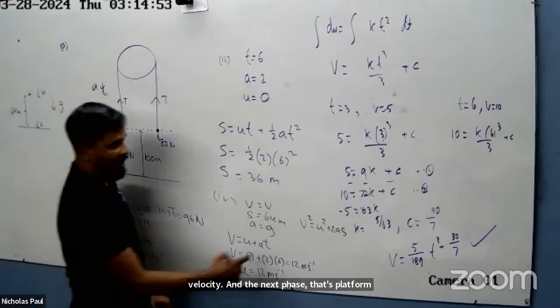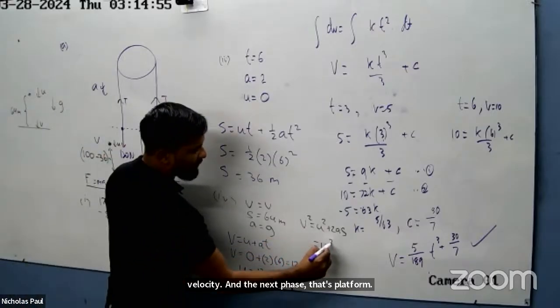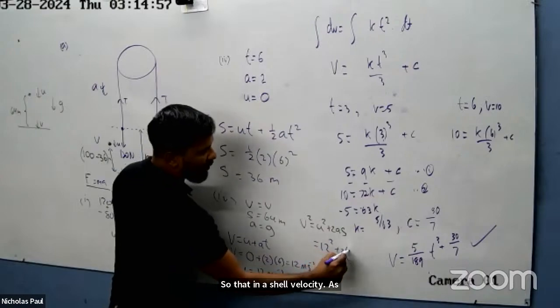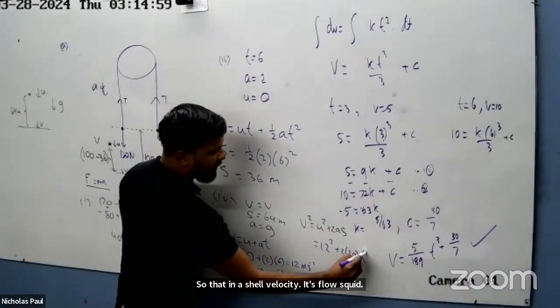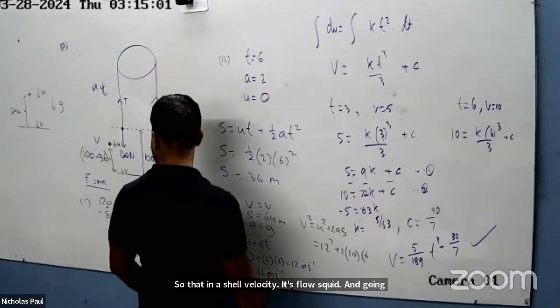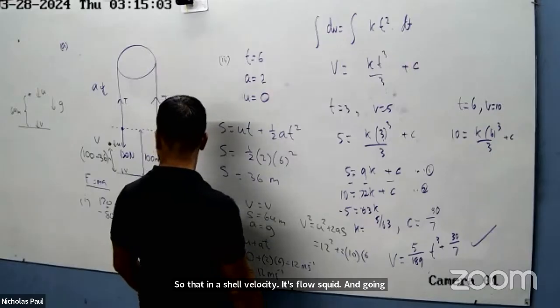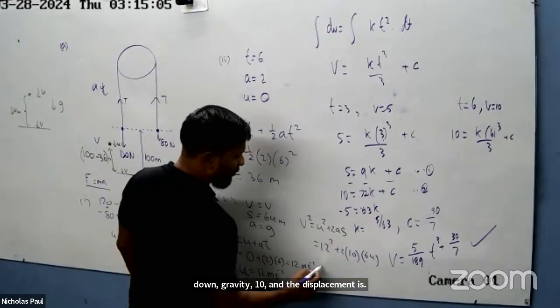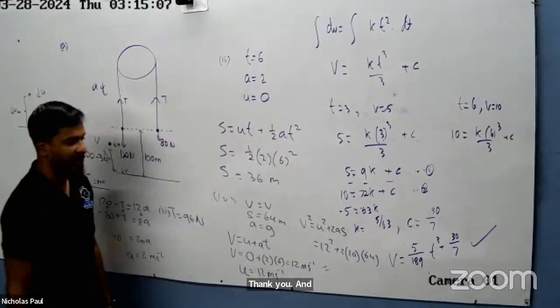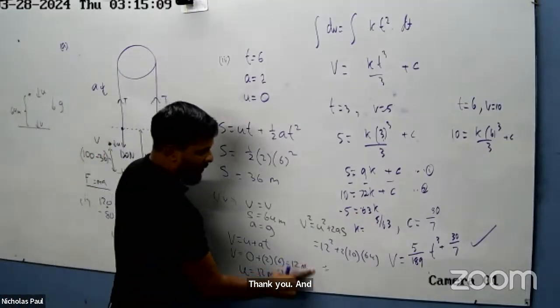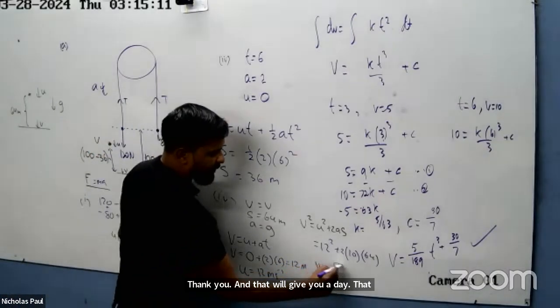So the initial velocity is 12, squared. It's going down, gravity is 10, and the displacement is 64. That will give you the velocity squared, and then you have to take the square root.